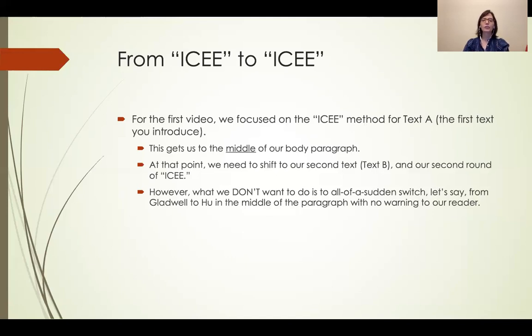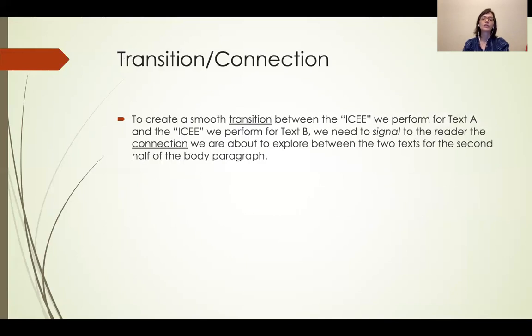So we need to make sure that we transition from one text to the other, and that transition will take place in the middle of that body paragraph. To create a smooth transition between the IC that we perform for text A and the IC we perform for text B, we need to signal to the reader the connection we are about to explore between the two texts for the remaining half of the body paragraph.